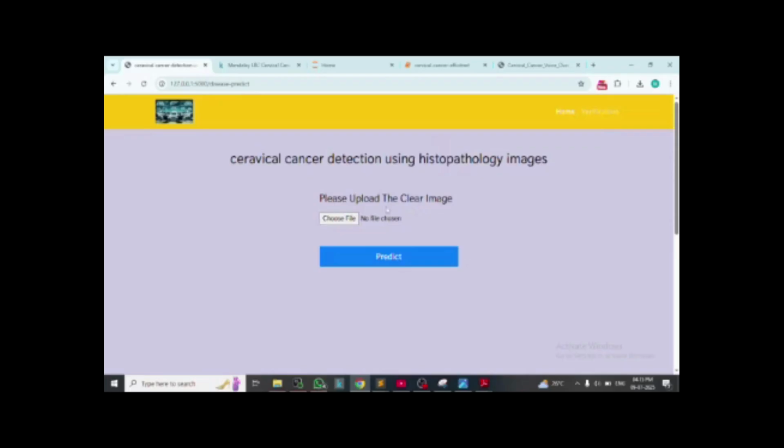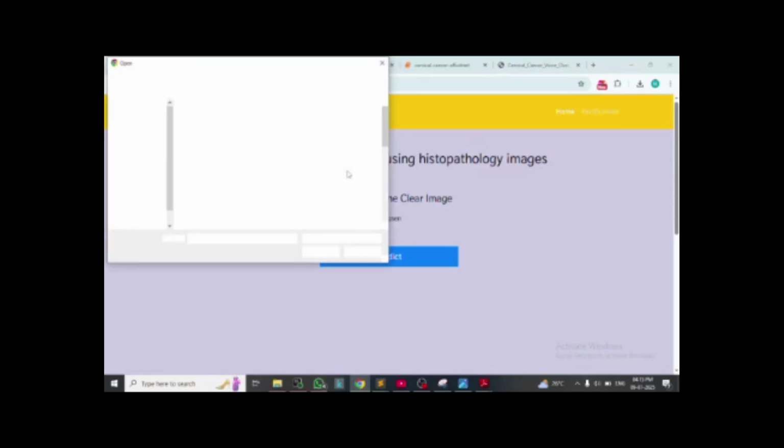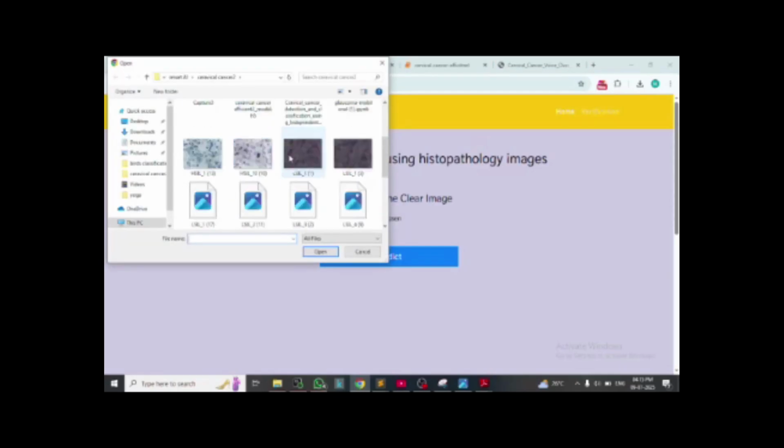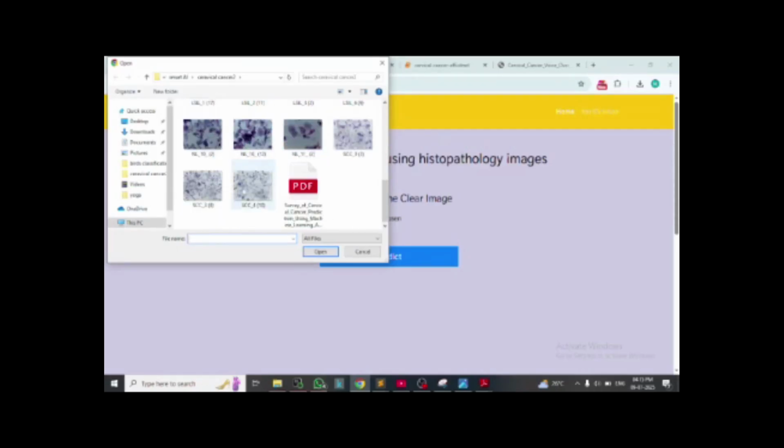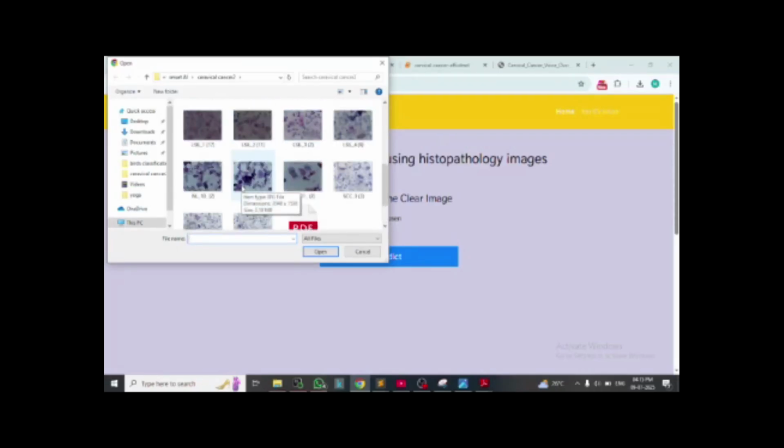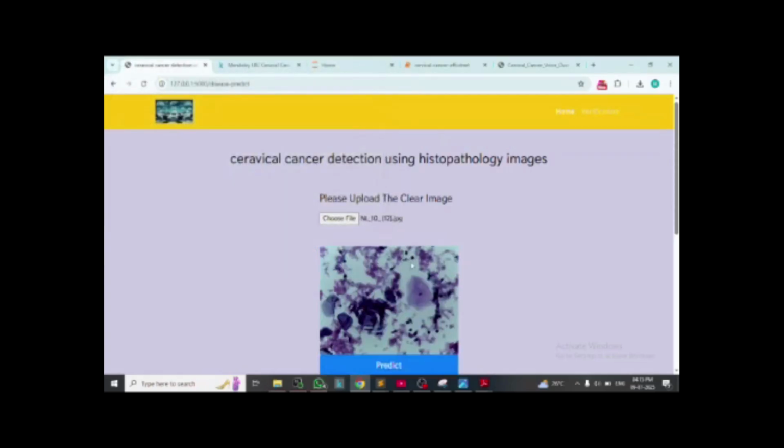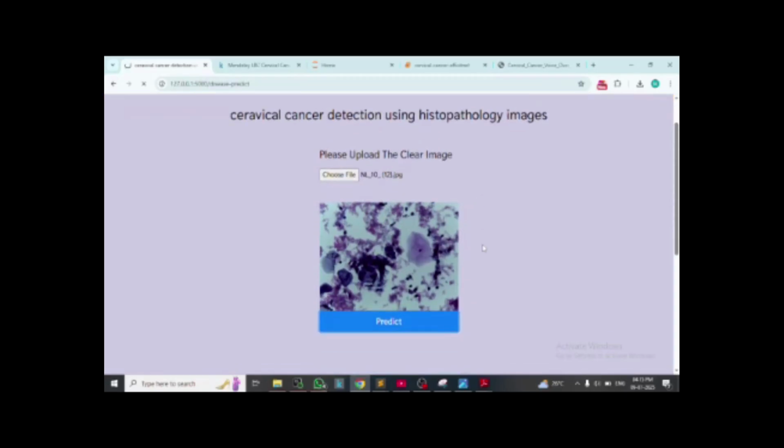Please upload a clear image. You have to choose one image file, so we can predict which type of cervical cancer it is. I have many types of photos, so I am choosing this one. Uploading, then predicting the disease name, the type of cervical cancer.